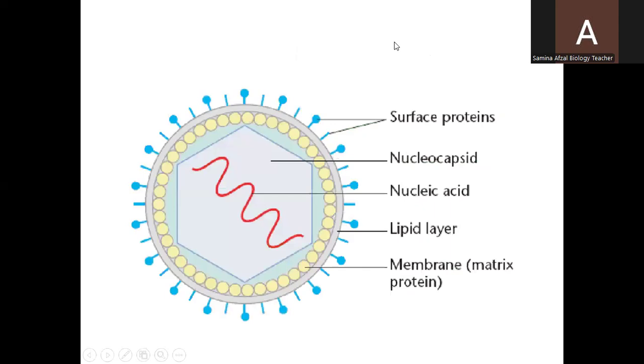You can see the nucleocapsid. The nucleic acid, which is here, is single stranded, meaning this is RNA. This is the membrane protein, and surface protein. The lipid layer is between the surface protein and membrane protein, and the nucleic acid is in the form of RNA, and the nucleocapsid is the protein capsule, which is a protective cover around the nucleic acid.